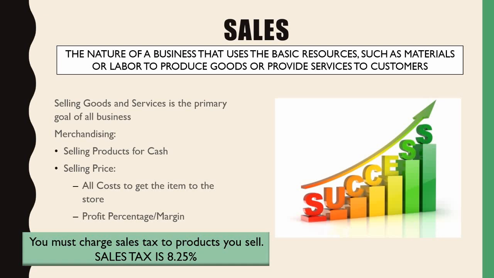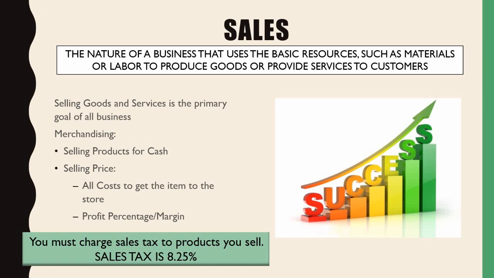But that's okay. For the sake of class, I don't need you to know exactly where you're selling this product. It will just depend on where you open up your location and what the state or local government is going to charge you. So for this class, I want you to just focus on 8.25%.